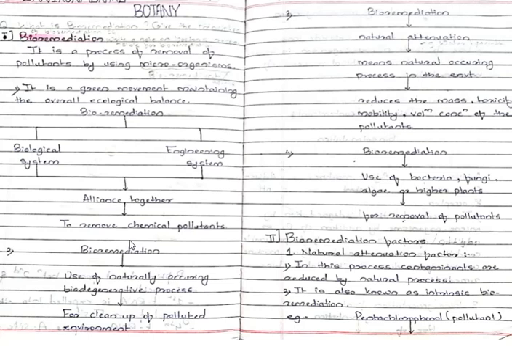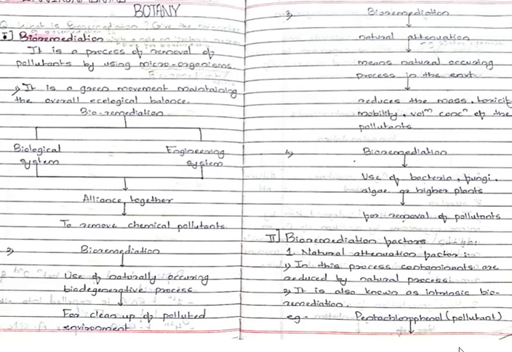Then the second point is the bioremediation factors. First is the natural attenuation factor. This is the natural intention to reduce the different pollutants which are present in the atmosphere.